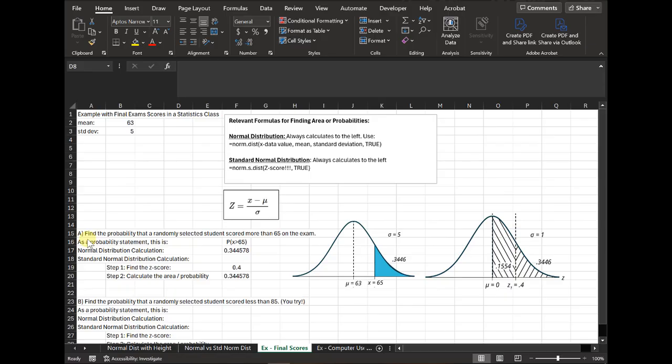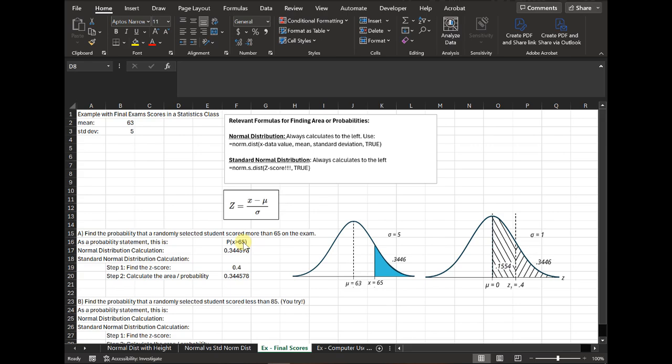It's very important in statistics that you get used to using the notation of statistics. Get in the habit, whether you're writing things down or doing things in Excel, of labeling what it is that you're finding. As a probability statement, the probability that a randomly selected student scored more than 65 is P of X is greater than 65.